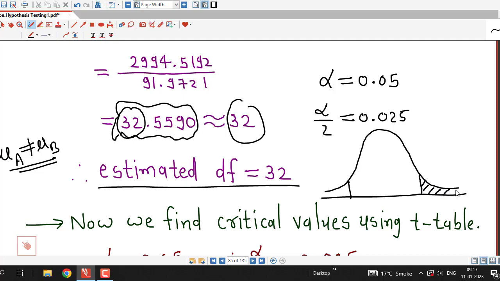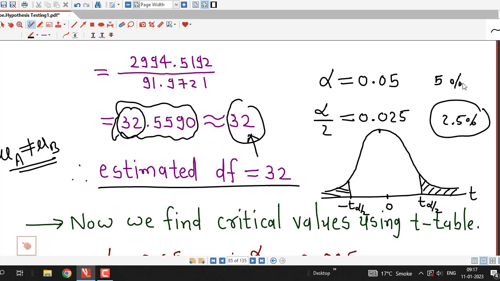The area in both the tails is 0.025. So we are interested in these two values, t suffix alpha by 2 and minus t suffix alpha by 2. And here we have t equal to 0, and we have 32 degrees of freedom. So alpha by 2 is 0.025, that is 2.5%. Area in one tail is 2.5%, and in both the tails we have 5% area.